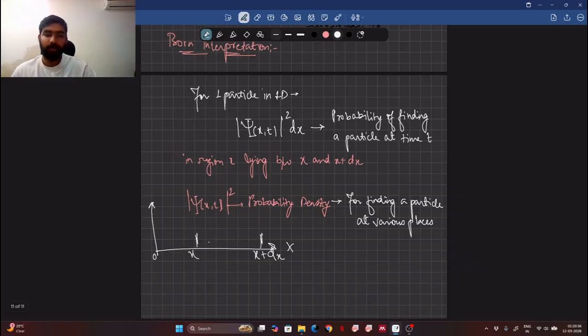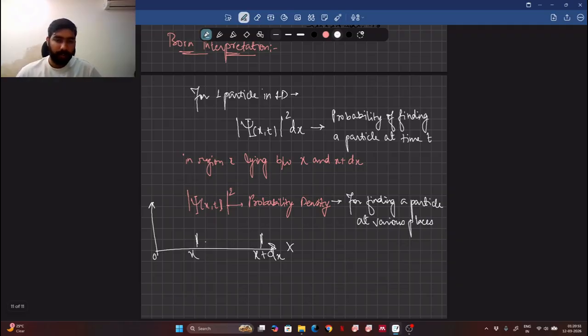So the particle is lying between these two points. We are constraining ourselves that the particle will be found in this region only.